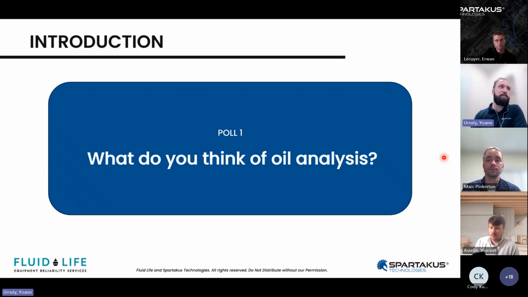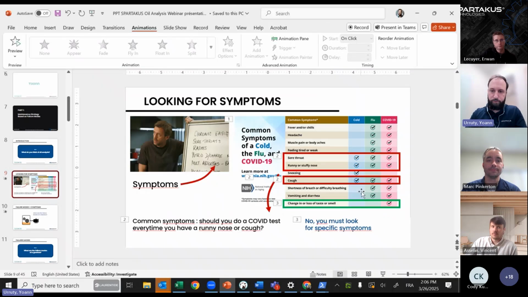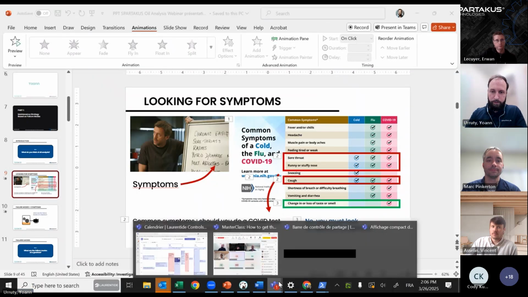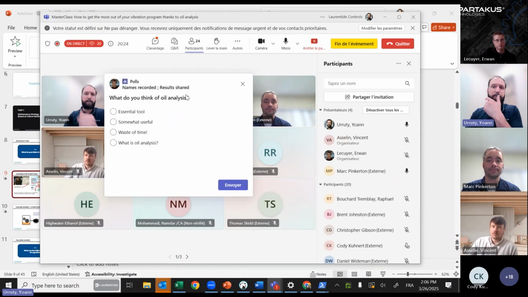So we'll start with a very quick poll. What do you think of oil analysis? Is it essential, somewhat useful, a waste of time, or what is oil analysis? I think it's an essential tool.